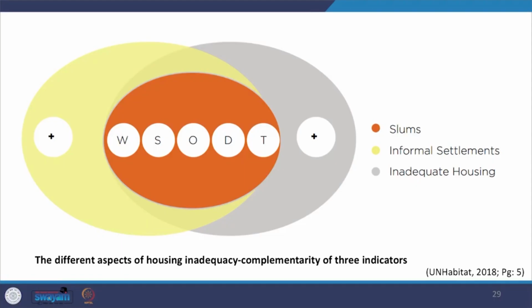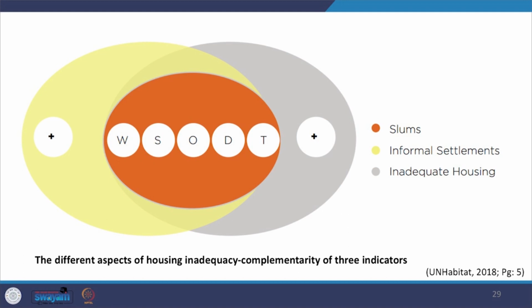It is explained that Sustainable Development Goal Indicator 11.1 integrates two aspects of poor housing condition: the aspect of slums and informal settlements that UN Habitat have been monitoring under the Millennium Development Goals target 7D, mostly in developing countries, and the new aspect on inadequate housing that applies largely to the developed countries.